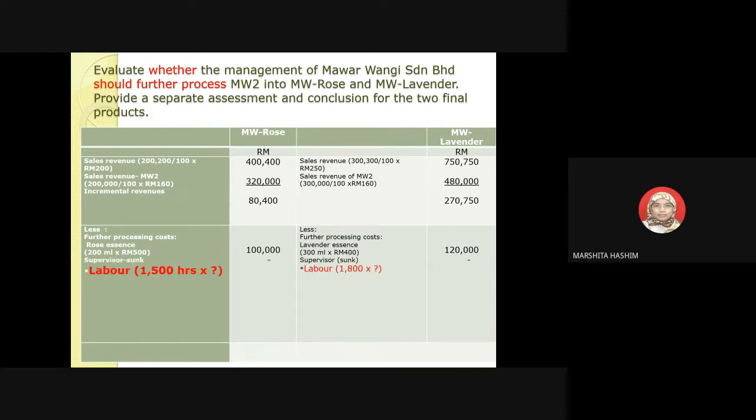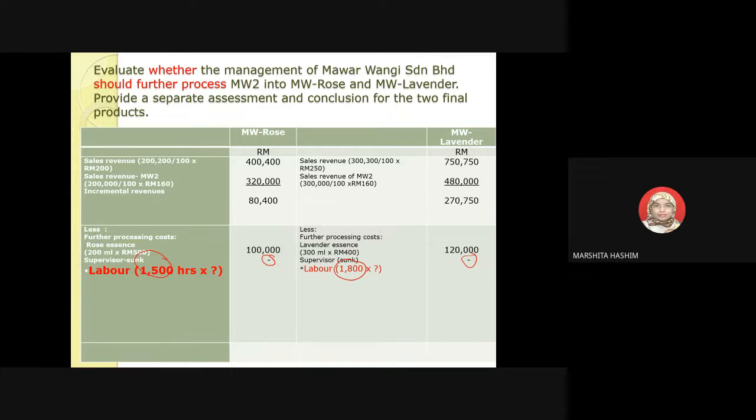And then we have supervisor salary. Remember sunk cost. So you just put a dash. And then labor cost. Remember, for labor we have a shortage. So first we must calculate contribution margin. For labor, in the last paragraph they mentioned that we need extra 3,300 labor: 1,005 for MW Rose, 1,008 for MW Lavender.